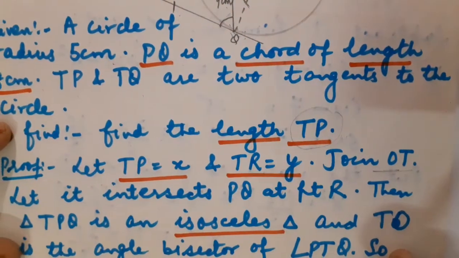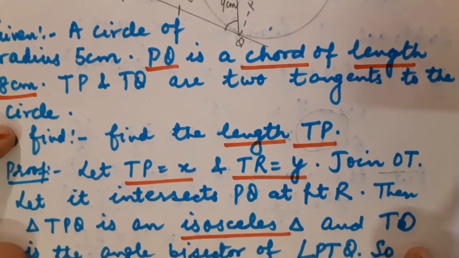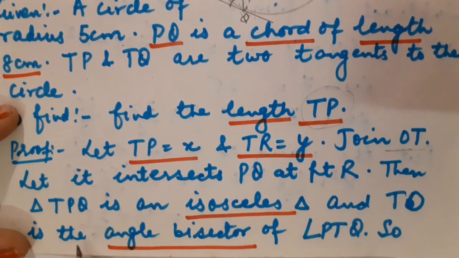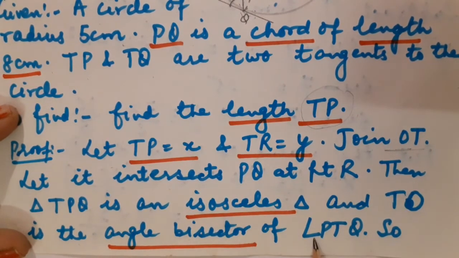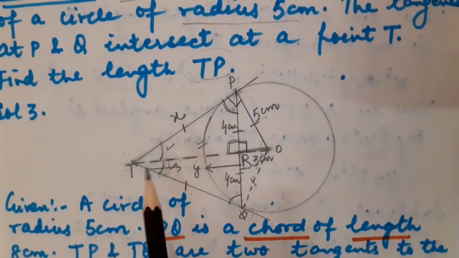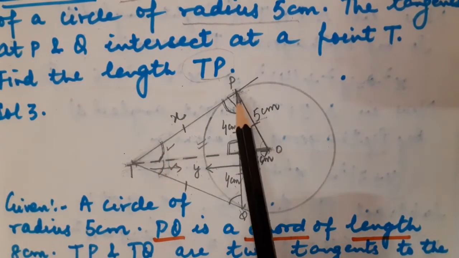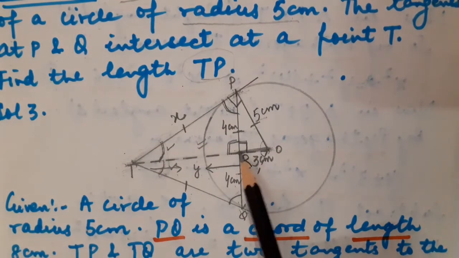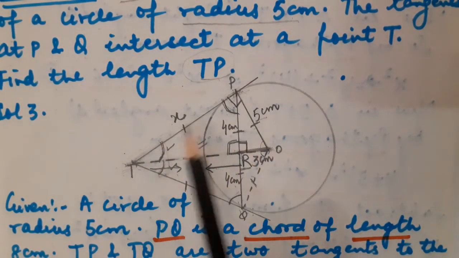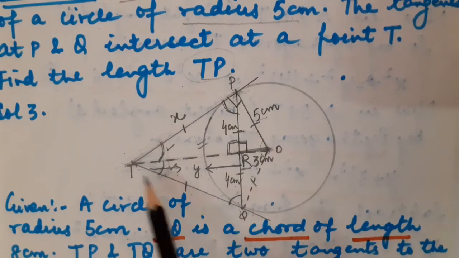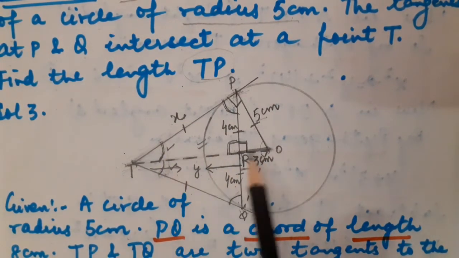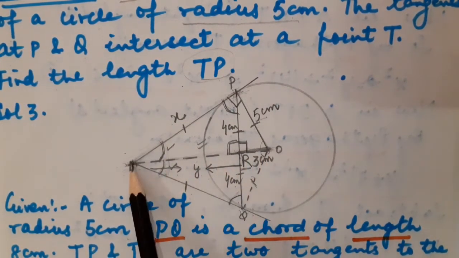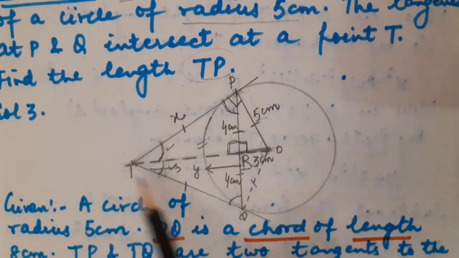Okay. Now, while proving congruency I have explained to you that OT will become the angle bisector of angle PTQ. That is, PTO must be equal to QTO. So we can say that OT will act like the angle bisector of PTQ.